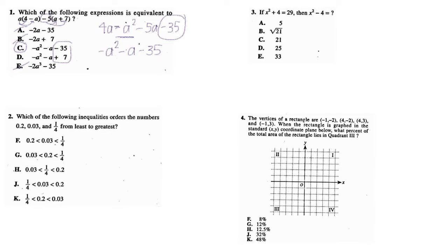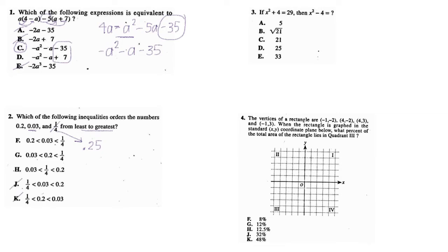Okay, for the next problem, you're looking at these from least to greatest, and notice they threw in 1/4 here. Now I would go ahead and say, well, I know 1/4 is exactly the same thing as a quarter, or 0.25. And notice if we're going least to greatest, the smallest number we have here is 0.03.